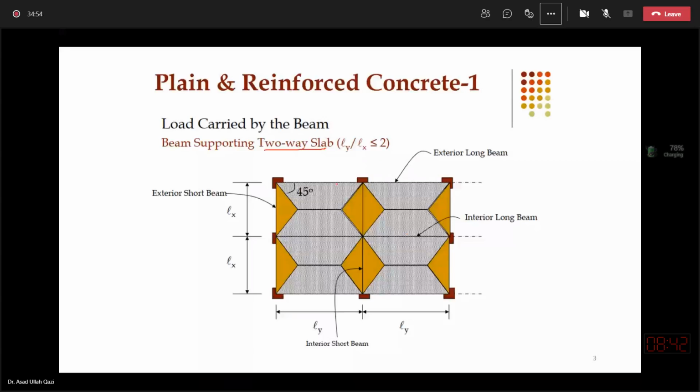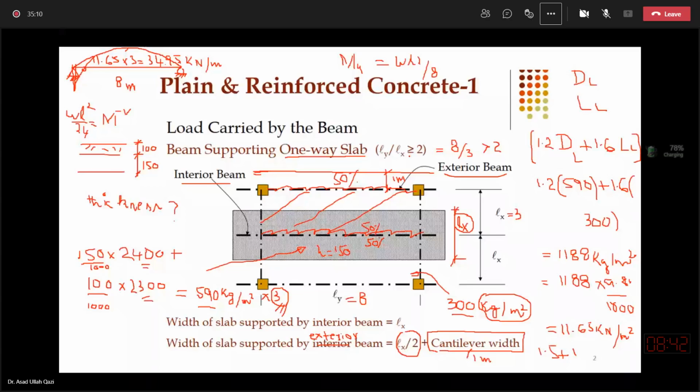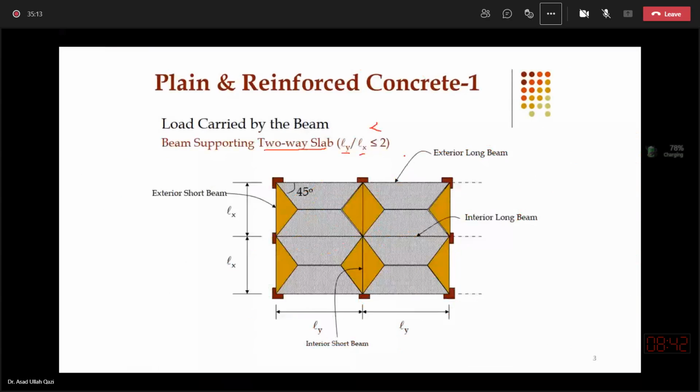If it comes out to be less than 2, although it is shown equal to or less than, and for one way it is given greater than or equal to 2, it means equal to 2 is almost on the bound. It is almost having predominantly one-way behavior. So you can say that if the aspect ratio is less than 2, the slab will be two-way and the load distribution will be two-way.